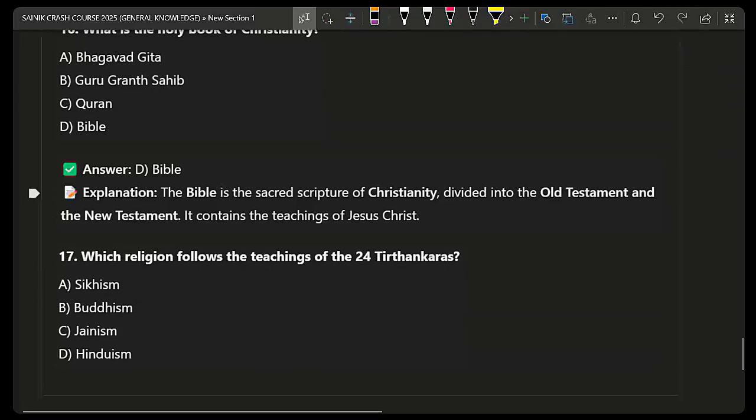Time up. Two students said Sikhism, wrong answer. Three gave the answer Buddhism. 10 students gave the correct answer. Jainism is the correct answer.